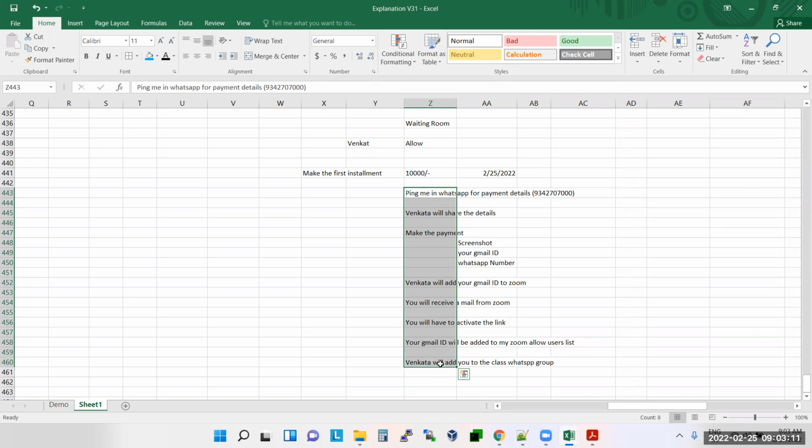Exceptional cases of old batch students will be allowed from tomorrow, but not all old batch students. If you're an exception, please ping me on WhatsApp. I'll see and make the necessary arrangements. Otherwise, normal old students will be allowed only after 15 classes.